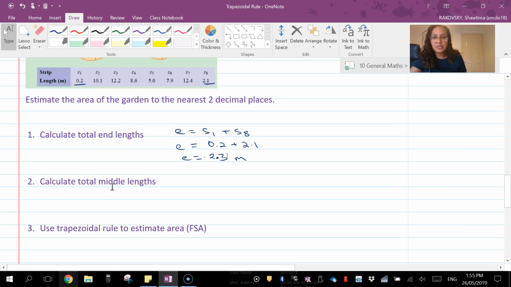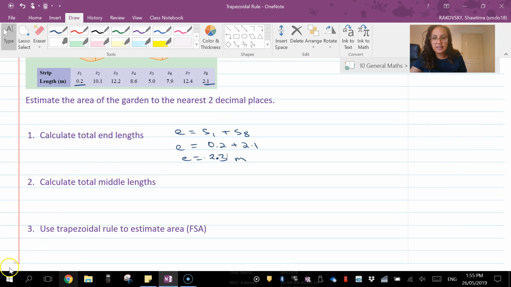The next thing I'm going to do is calculate my middle length. I'm going to leave that there so I can still see my lengths. So M equals all of these here, from S2 to S7. I need to note that I have 1, 2, 3, 4, 5, 6 numbers. I'll check that later to make sure I haven't missed anything.